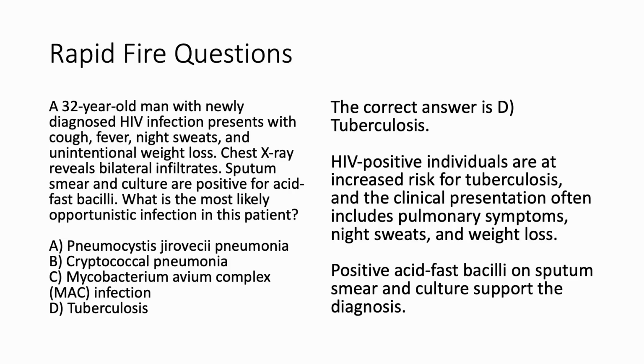Is it pneumocystis, cryptococcal, Mycobacterium avium complex infection, or tuberculosis? The correct answer is tuberculosis. HIV positive individuals are at increased risk for tuberculosis, and the clinical presentation often includes pulmonary symptoms, night sweats, and weight loss. Positive acid-fast bacilli on sputum smear and culture supports this diagnosis.